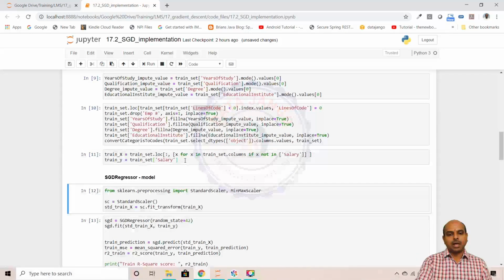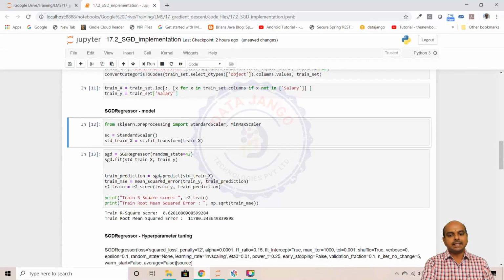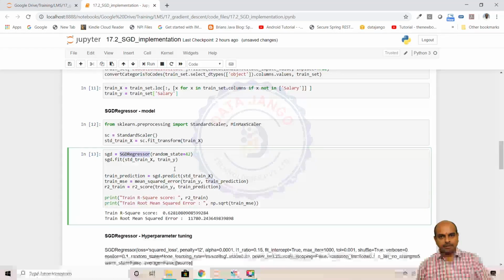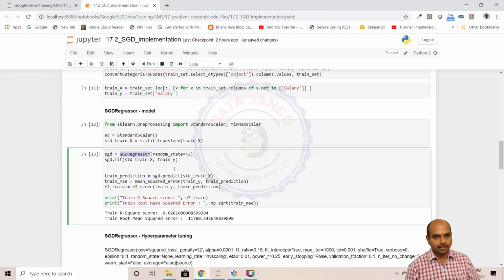Now I am going to use the stochastic gradient descent regressor to build the model. We have seen that the gradient descent algorithm expects data in a similar scale. All columns should be in a similar scale, right? To achieve that, you can apply standard scaling or min-max scaling, or divide by the maximum number. We are using standard scaling here.